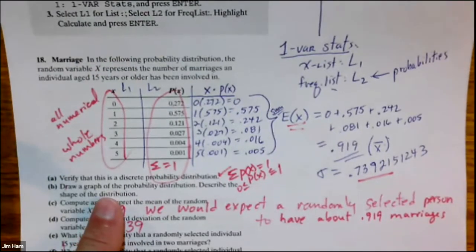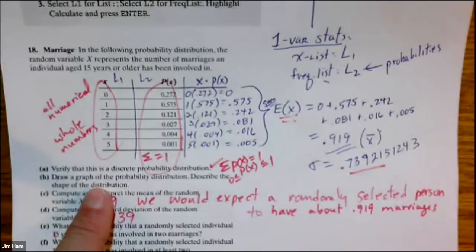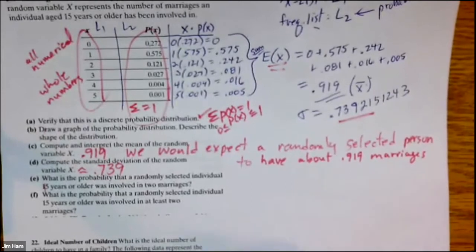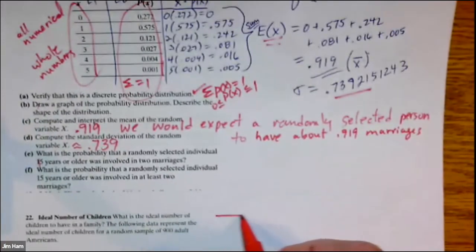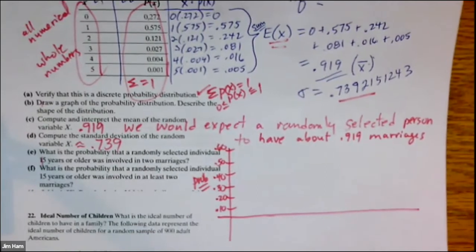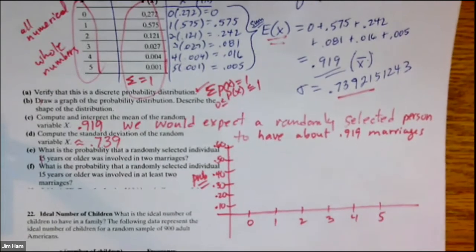Now the graph, you can graph a probability distribution, and you can graph it just like a histogram. So let me do that here. I'll label that axis probability, and then over here we have our 0, 1, 2, 3, 4, and 5, all 6 of our outcomes.